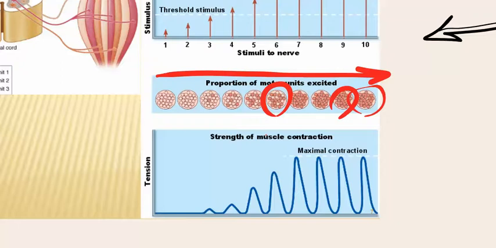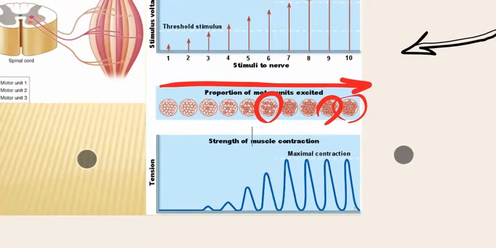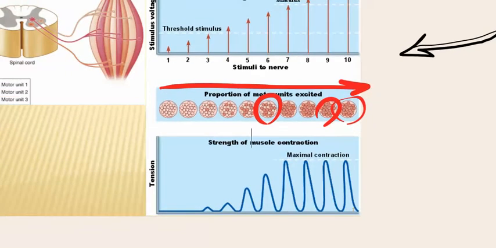So we know that one motor neuron is going to synapse onto multiple muscle fibers. Because it's synapsing onto these multiple muscle fibers, you can cause one of the muscle cells to contract, or you can cause a couple, or you can cause a little bit more to contract.